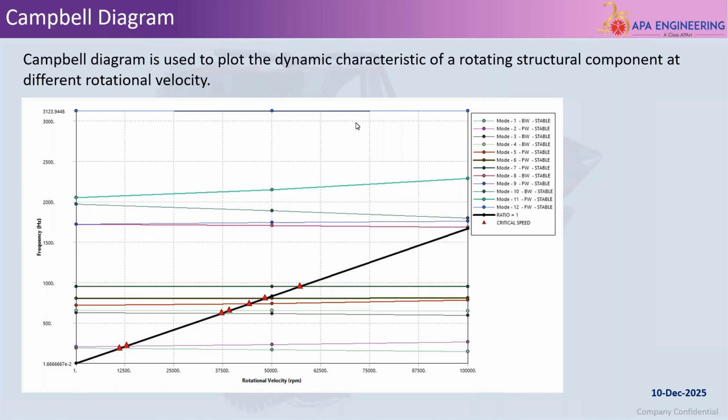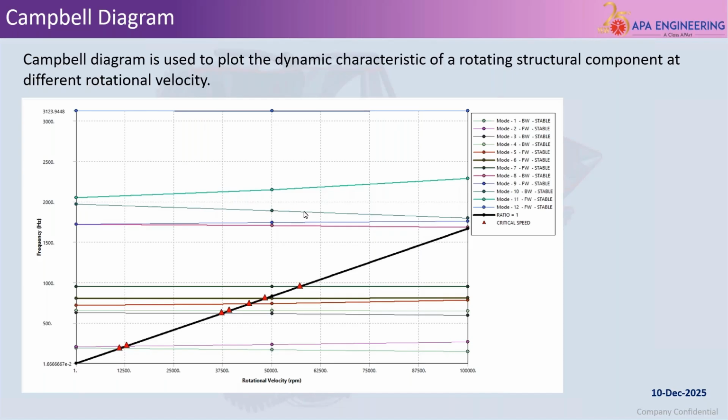These are the natural frequency lines, and you can observe that where the slope of the curve is positive, it means forward whirling. Where the slope is negative, it means backward whirling.